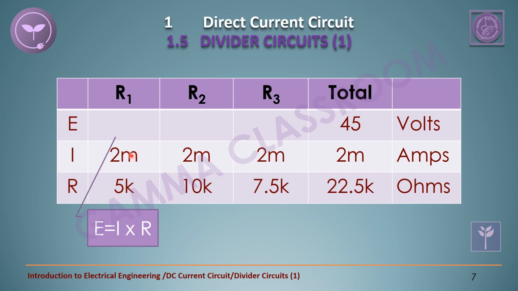Milliamp with kilo ohms, we can ignore both. So the voltage equals 2 times 5, which is 10 volts on R1.